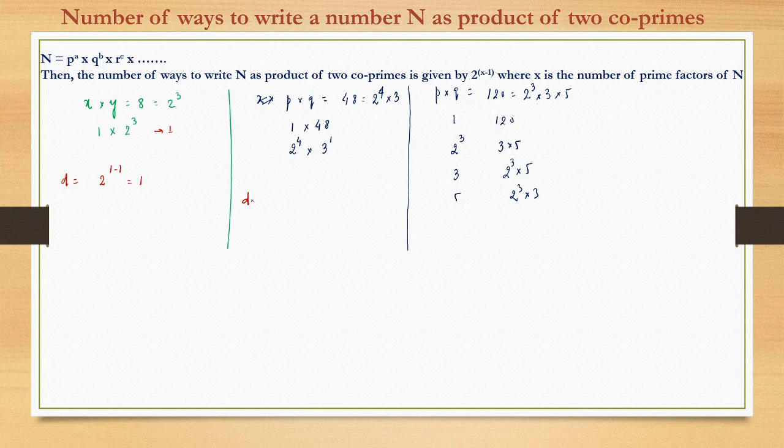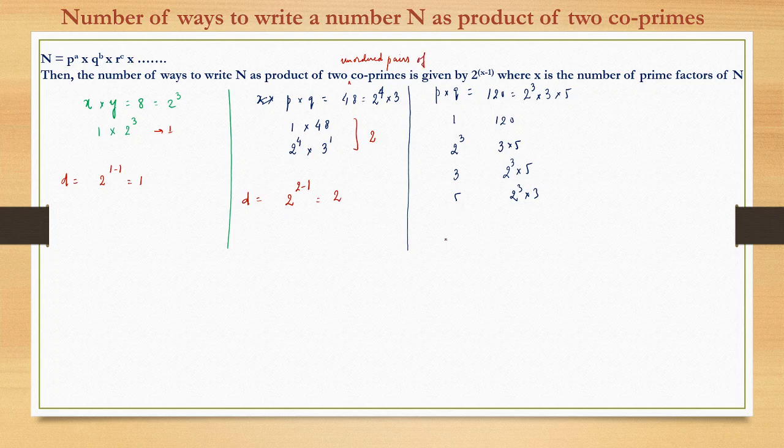Here, d is nothing but 2 raised to power the number of prime factors minus 1. Here we have two prime factors, 2 and 3. So 2 minus 1 is 1, and 2 raised to power 1 is 2. Same here also, we had got two ways. And here we are referring to two unordered pairs of co-prime numbers.